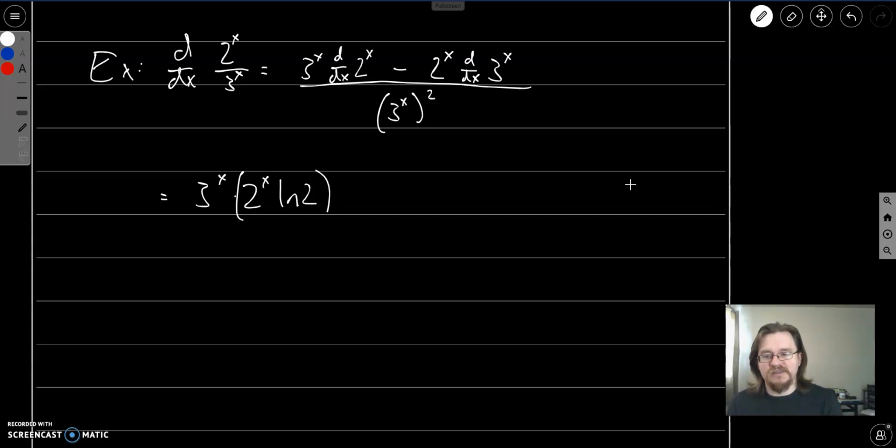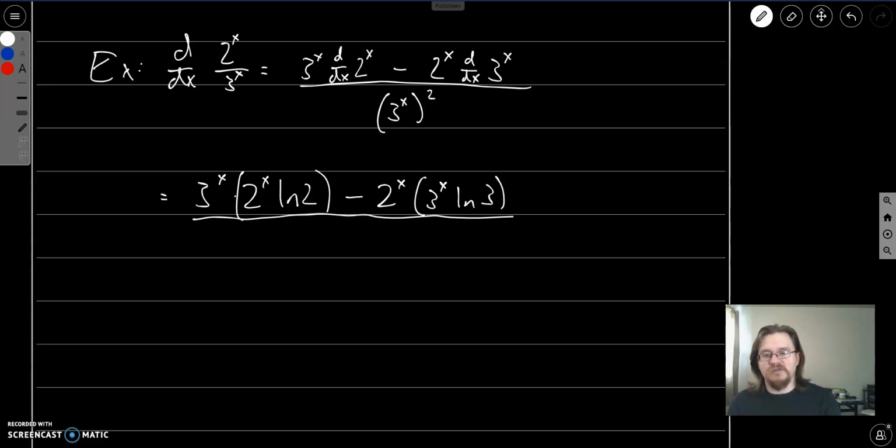We just take 2 to the x times another natural log of 2. And then we're going to subtract 2 to the x times the derivative of 3 to the x. But the derivative of 3 to the x is just going to be 3 to the x times the natural log of 3. So again, pretty straightforward.